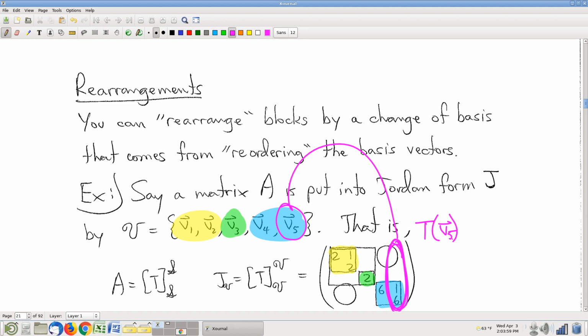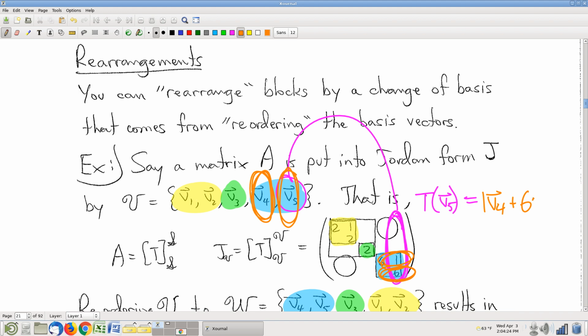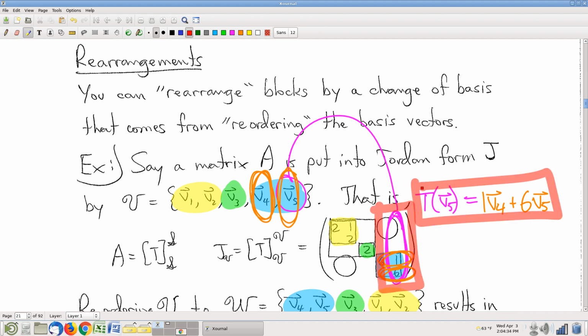And specifically, it's telling me that the coordinates of T of V5 are 1 V4 and then 6 V5. Is that a 6? Yeah, 6. Okay, cool. So this column right here is telling me this algebra.